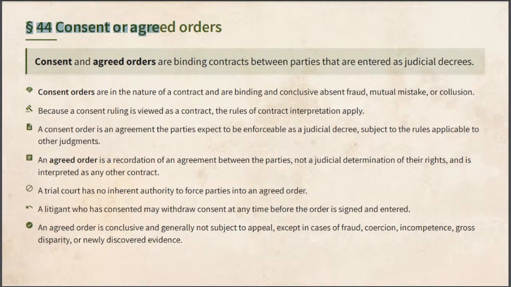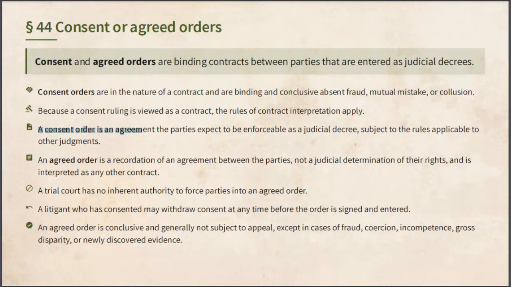So now we're on section 44, the consent or agreed orders. Consent and agreed orders are binding contracts between parties that are entered as judicial decrees. So the consent orders are when parties agree and the judge basically signs off. Consent orders are in the nature of a contract and are binding and conclusive, absent fraud, mutual mistake, or collusion. Because a consent ruling is viewed as a contract, the rules of contract interpretation apply.